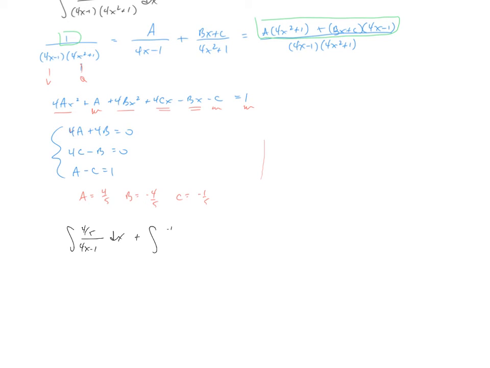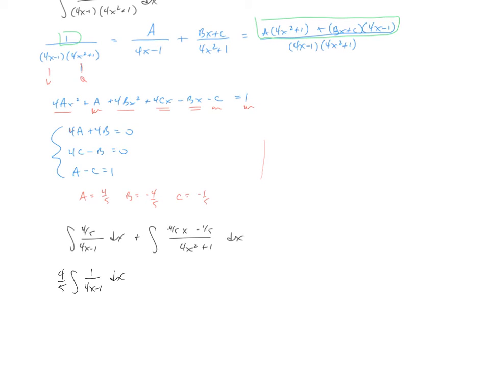Since our B is negative 4/5, we'll have a negative 4/5 x minus the 1/5 over 4x squared plus 1 dx. So again, just plugging in the numbers is going to give us a little bit of a messier numerator over here. But then to actually expand this out and compute this integral, I would take this denominator and I would go up separately into both of the terms from the numerator and create two integrals from this one. At the same time, I will go ahead and pull the constants out as well. They're just kind of in the way.